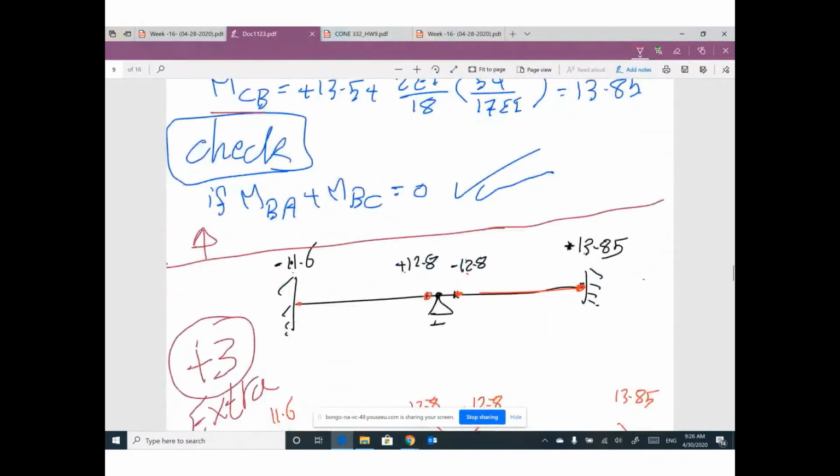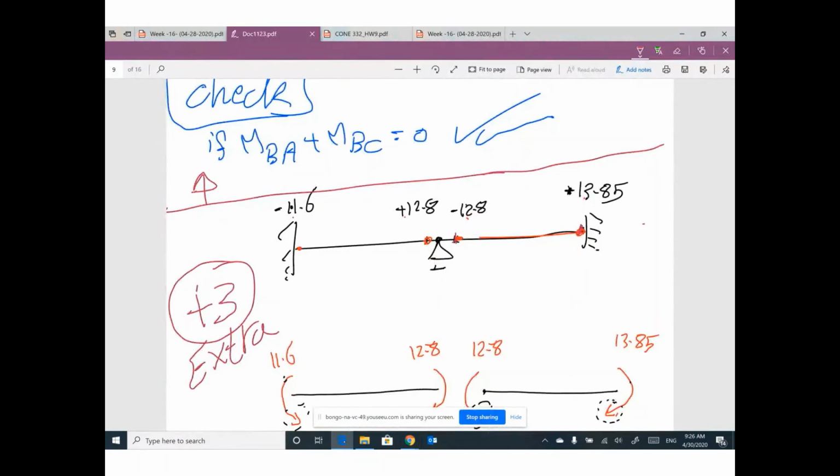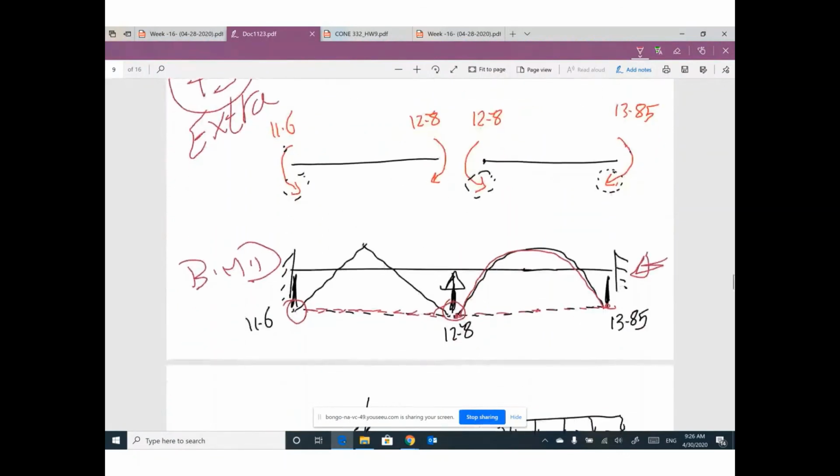If you would like to put these values, the one that is positive is clockwise. The one that is negative is counterclockwise. Then you need to follow this head. The head is down, your value is down. The head is up, your value will be up. Once you put your values up or down, connect between both of them by dotted line and hang the shape that you have here.